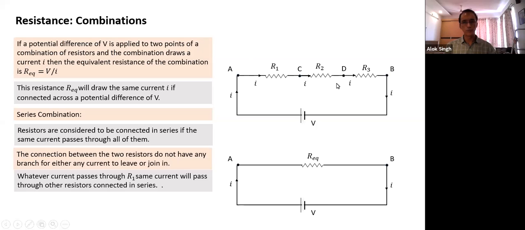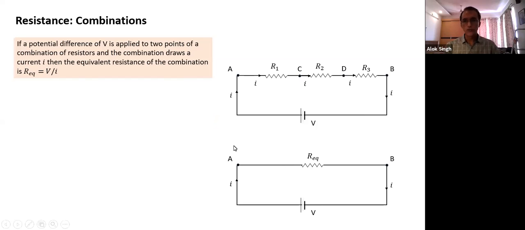Both have to be equal. So this is series combination. Same current flows through all. In the case of capacitors, the same charge is on all capacitors connected in series. And when we replace with equivalent resistance, whatever current flows through the equivalent resistance, the same current will flow through all resistances connected in series combination.